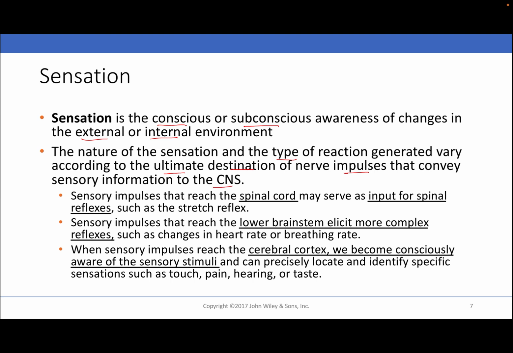So where that final destination is within the central nervous system is going to influence how we perceive these things or how we understand these sensations. So sensory impulses that reach the spinal cord are going to serve as input for things like spinal reflexes, which we'll talk about in the spinal cord lecture. A great example of this is going to be the stretch reflexes.